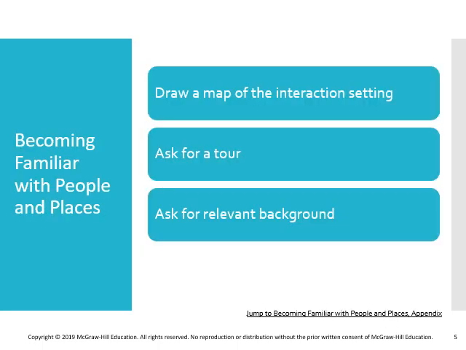All right, so what are some ways that can help us be familiar with the people and places that we study? One example could be to draw a map of an interactional setting. It would be interesting to see how people are before and after their conversations around the dinner table.